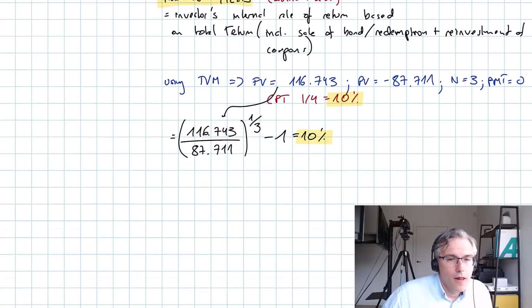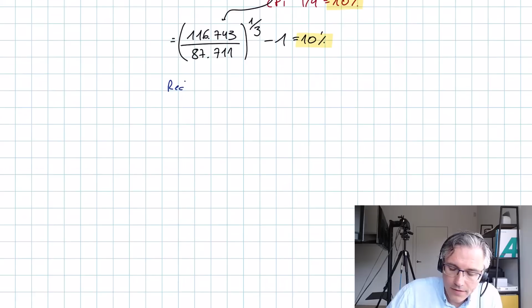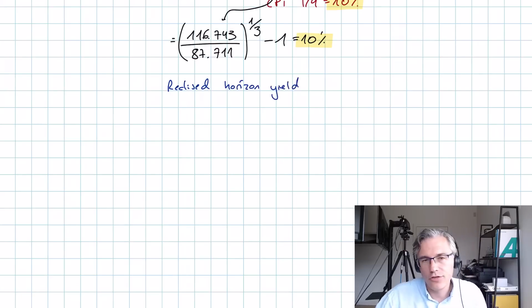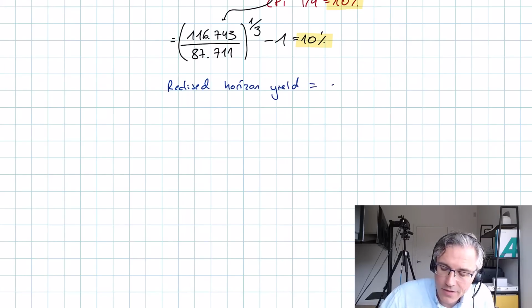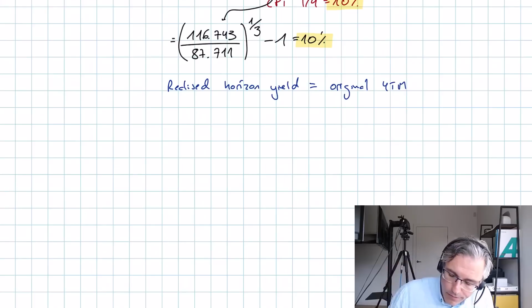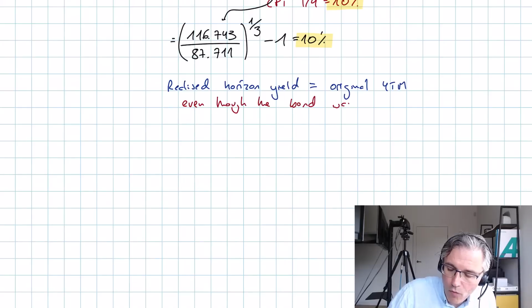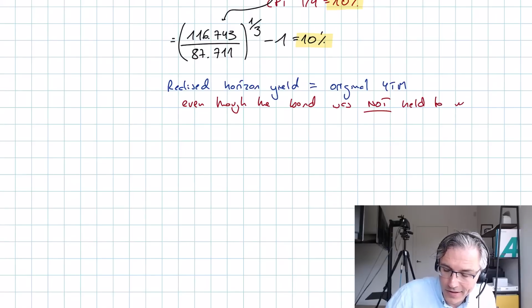The important message is that the realized horizon yield, what the investor managed to actually earn, was equal to the original YTM, the original yield to maturity, even though the bond was not held to its maturity date.